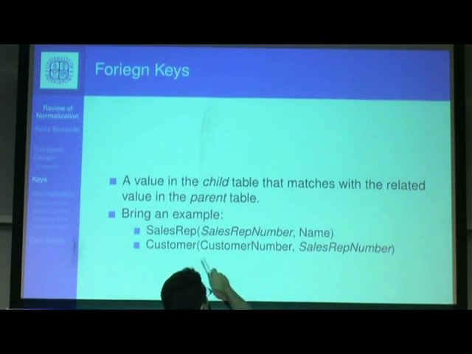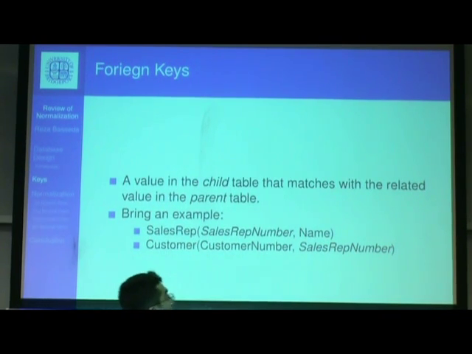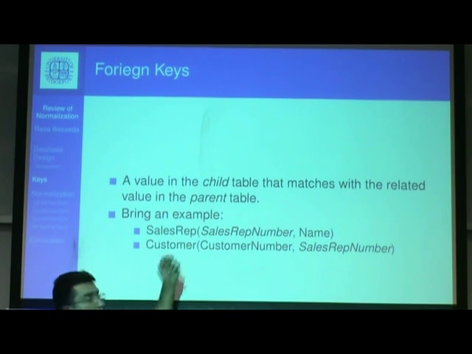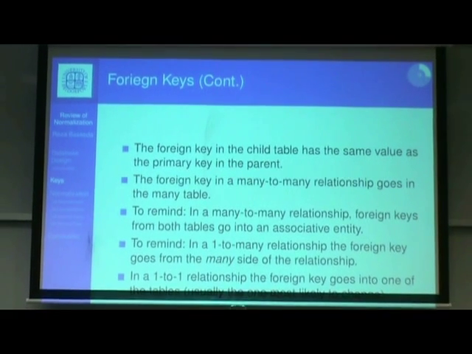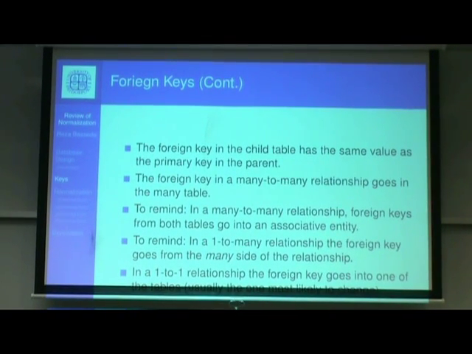If we have a customer table, then for each customer there will be a representative number, and each sales representative number is a foreign key to the sales rep table. Basically, the foreign key in the child table has the same value as the primary key.